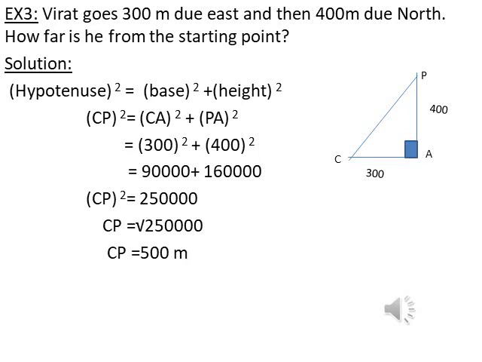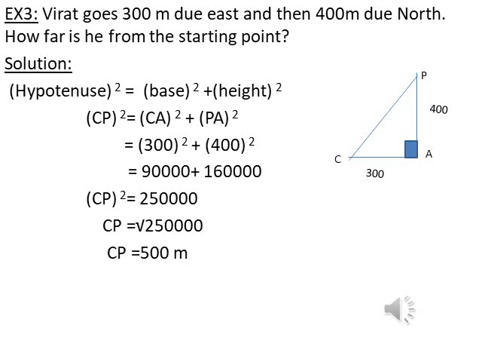North means we have to move towards the top. So 400 meters from A to P. If it were south, then we would have moved towards the bottom. We want to find how far Virat is from point P to C.